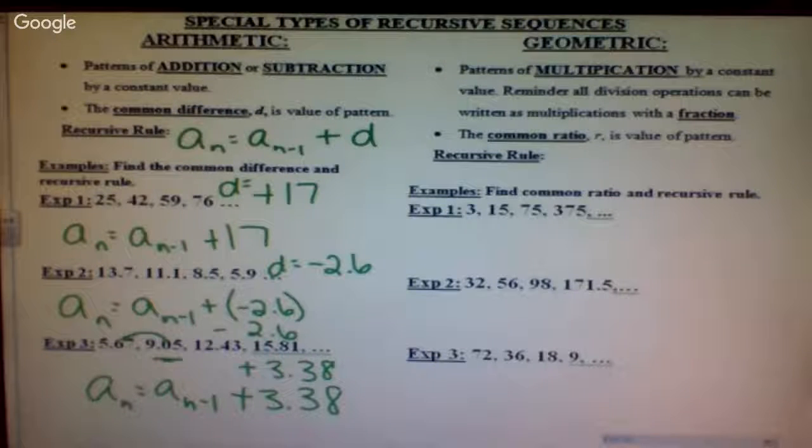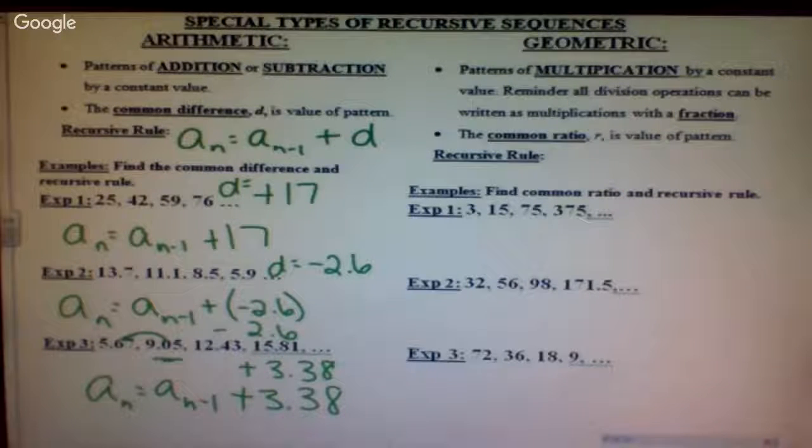So arithmetic is always adding or subtracting a constant value. Geometric is multiplying by a constant value, like times 5. Again, it's got to be the same number over and over again. They call this your common ratio.